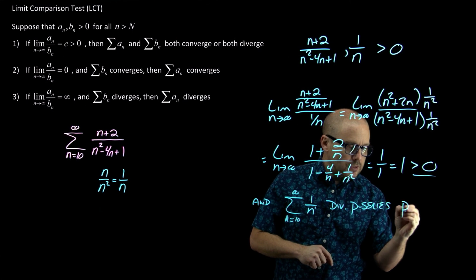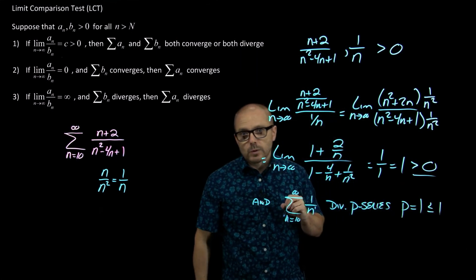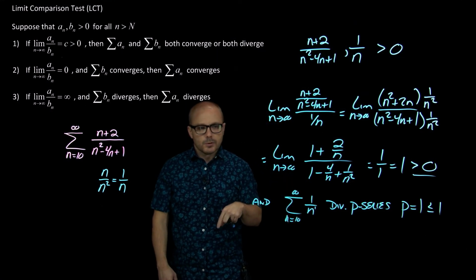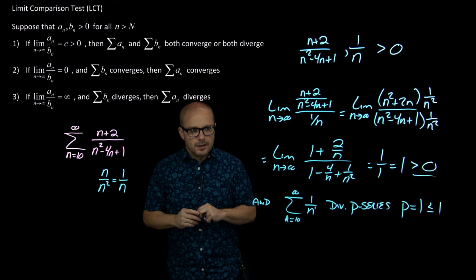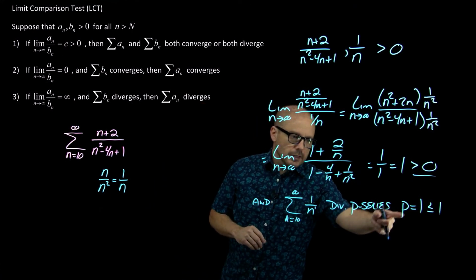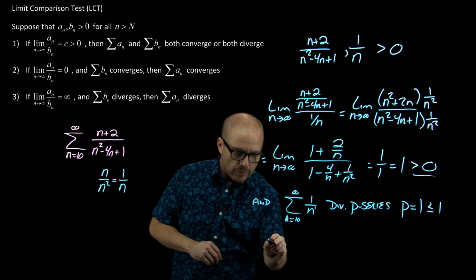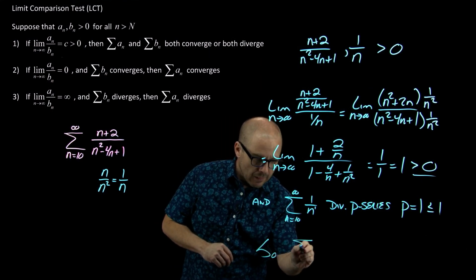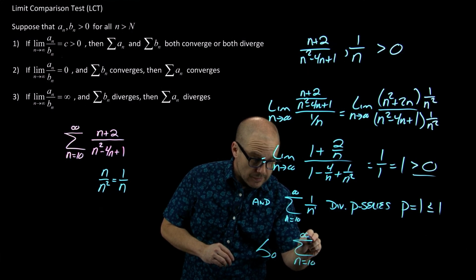So it's a divergent p-series because p is 1, which is less than or equal to 1. Remember, anything less than or equal to 1 on that degree, divergent. So I want to see all that. That's your argument for why you know this diverges. And so then these two things together tell you that our original series diverges by LCT.